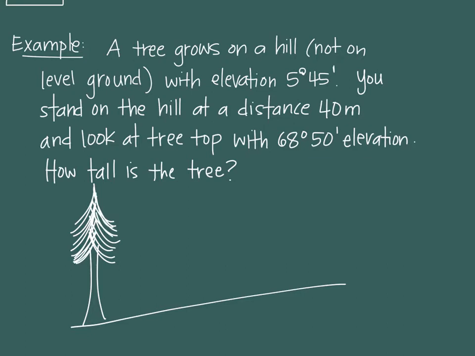Okay, so there's our tree. Before, we were measuring the tree on level ground. So imagine that there was level ground here. If it was level ground, it would have been a perfect 90-degree angle, but it's not. It's not level ground.